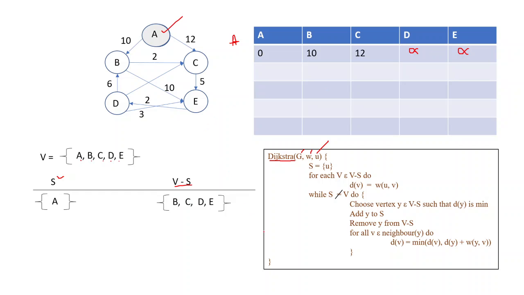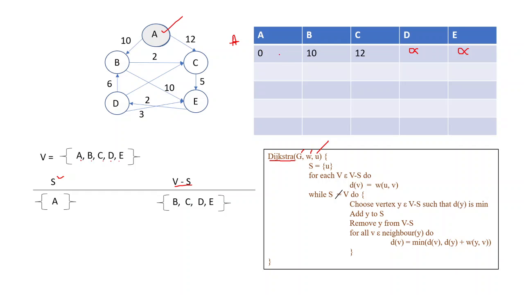Now what happens is, while S not equals to V, we start a loop where we will be choosing a vertex y from this set V minus S such that d[y] is minimum.